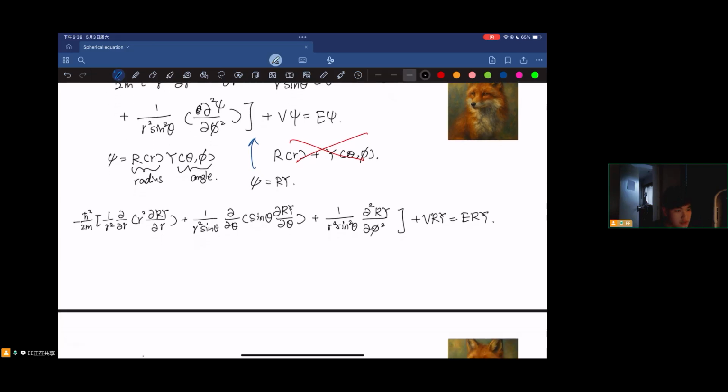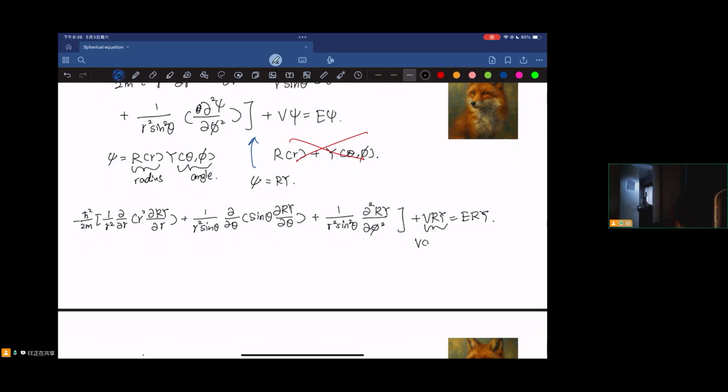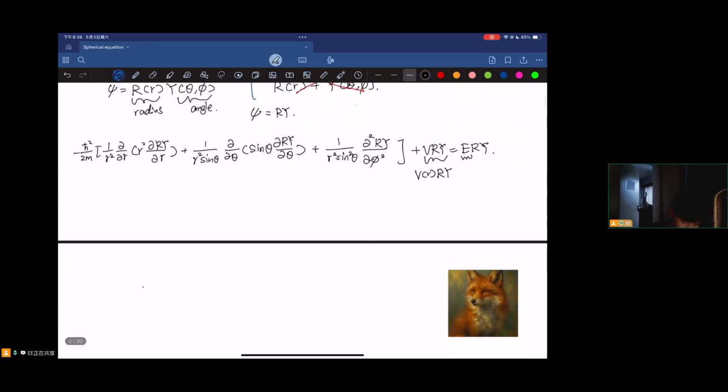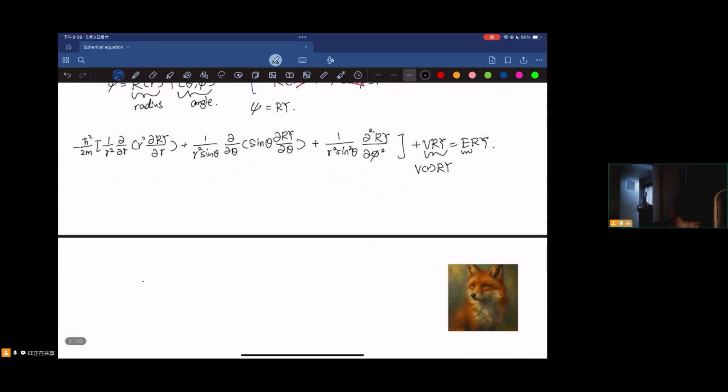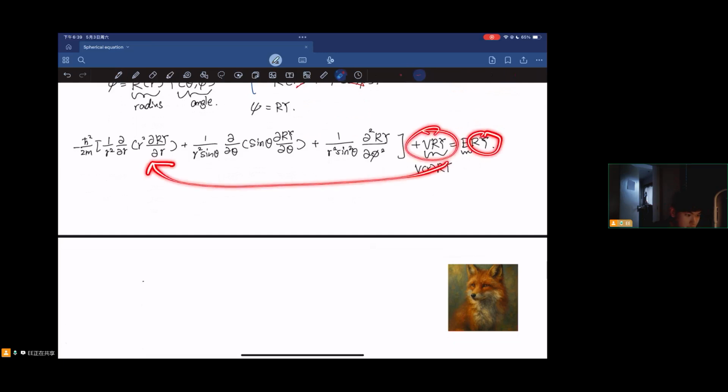So what is this form? What can we do about it? First, we know that the potential energy is only related to the radius. So here we have the potential energy related to the radius, times RY. And the energy is just a constant, just a number. So let's combine those two terms and put them into the R part.